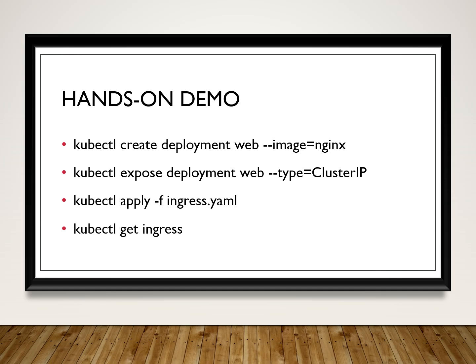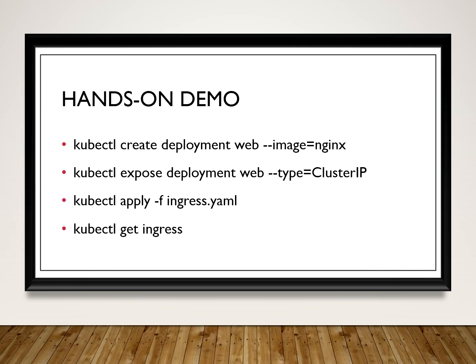Then with kubectl expose deployment web, type ClusterIP, we are going to expose the ClusterIP service. For example, we can use kubectl expose deployment web with the port number and the target port number, and the type will be ClusterIP.